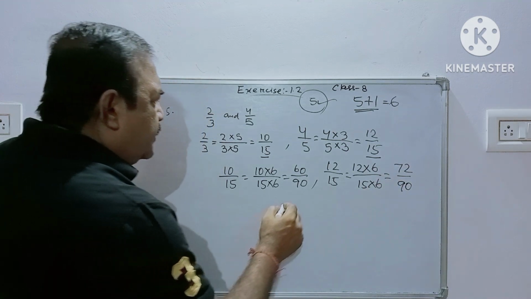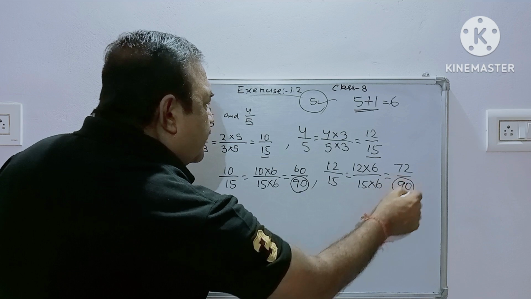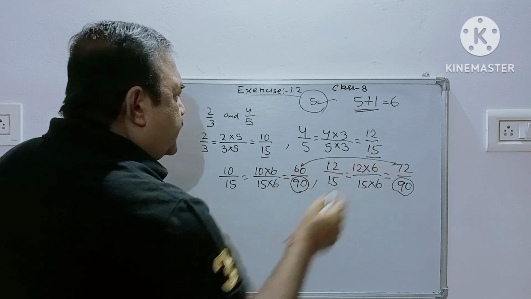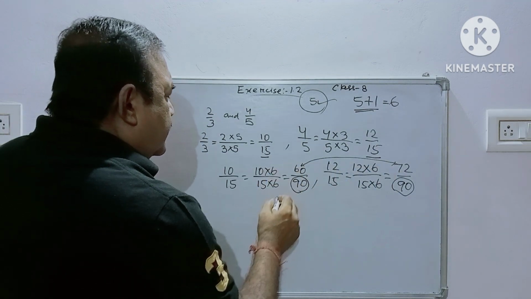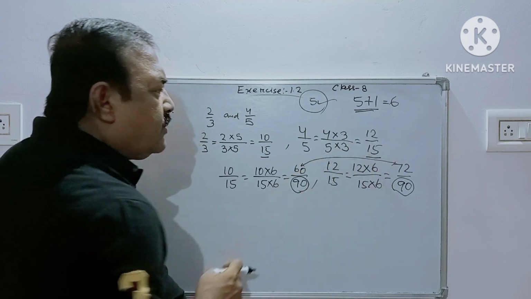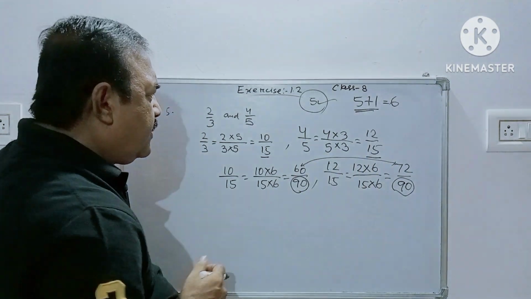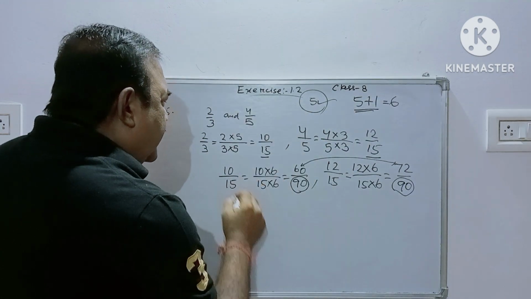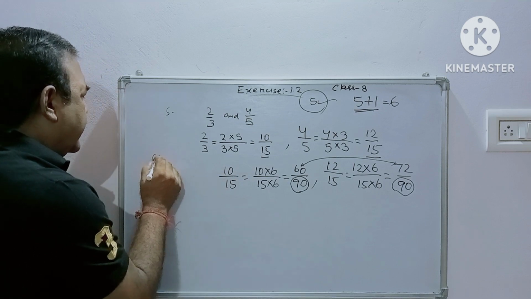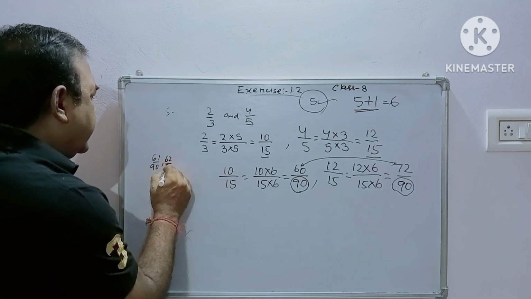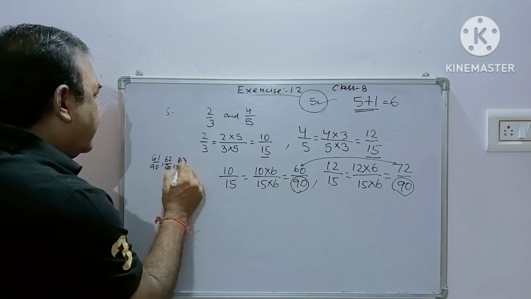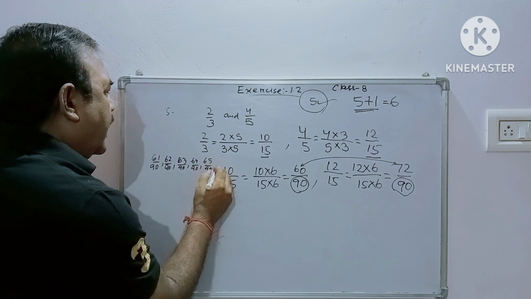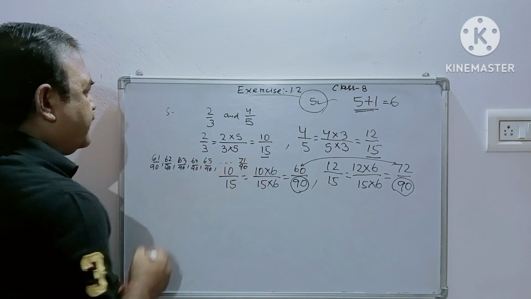So you see the denominator is the same, and you just compare the numerator. We have to travel from 60 to 72. So we can take from 61 to 71. Yes or no? Now we have to write 5 rational numbers, but we are getting 61 upon 90, 62 upon 90, 63 upon 90, 64 upon 90, 65 upon 90, up to 71 upon 90.